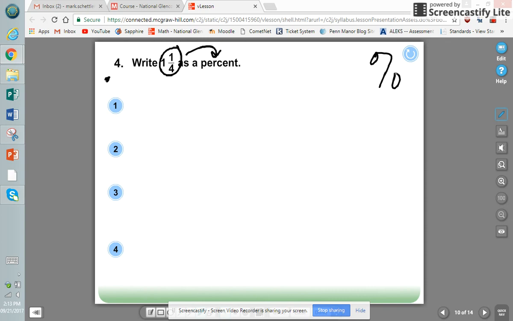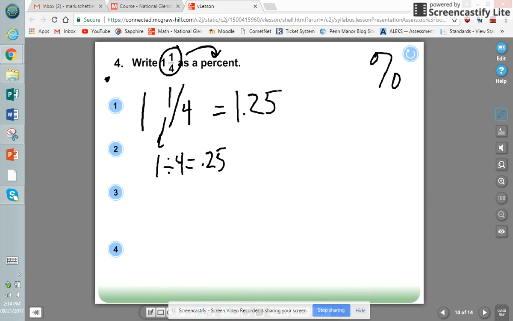I think step 1 is to change this to a decimal. 1, I'll leave alone. Remember this strategy? We're going to slide the 1 down. Yes, now it's time to have a calculator. 1 divided by 4 is 25 hundredths. So I could say 1 1/4 equals 1.25. There it is as a decimal.